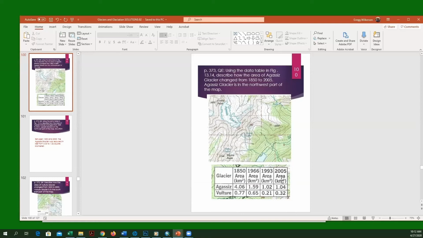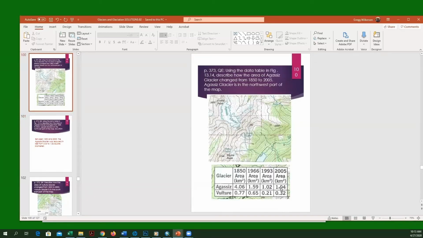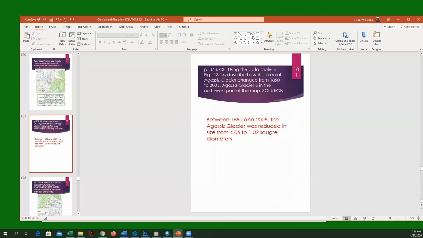From 1993 to 2005, it increased a little bit. But what you can say is that between 1850 and 2005, you subtract 204 from 406, and, well, that's how much it was reduced.